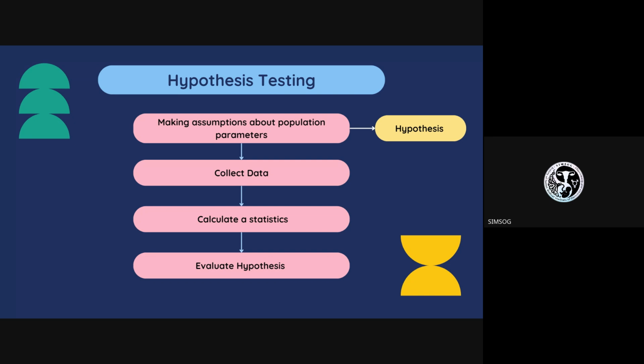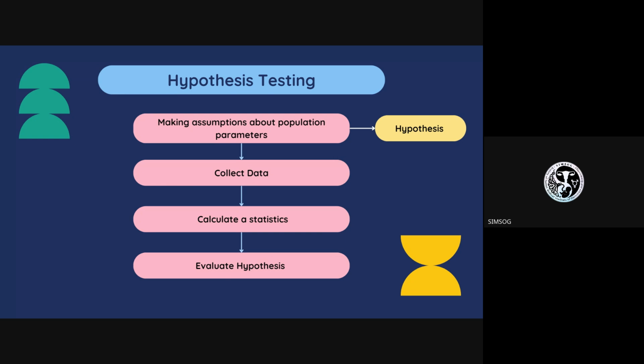There we'll collect the data. Once we collect the data, we'll calculate some statistics, or dive into the statistical parameters of the data. And then based on that data, we'll evaluate our hypothesis. Let's give an example.